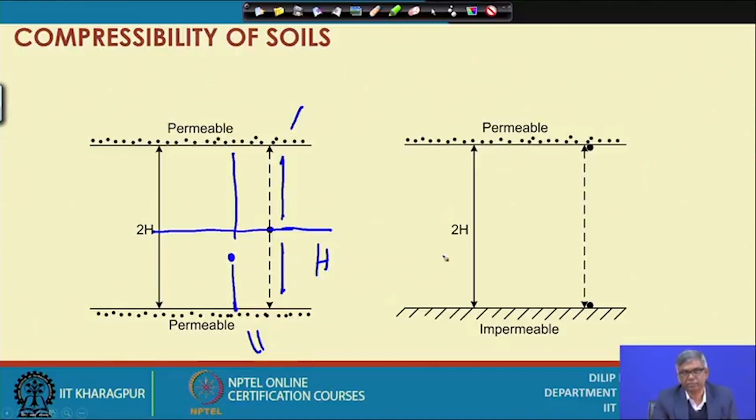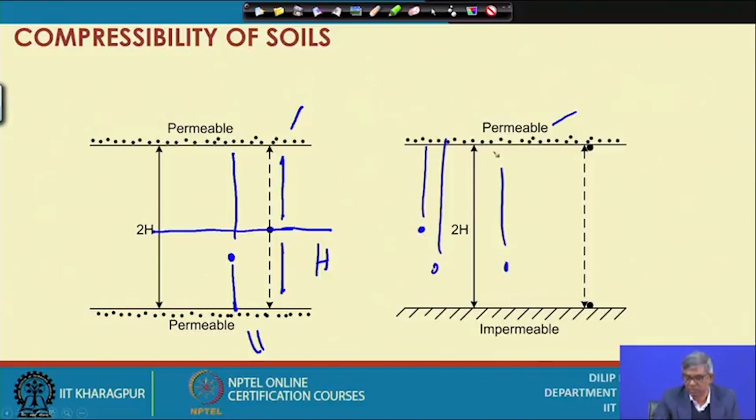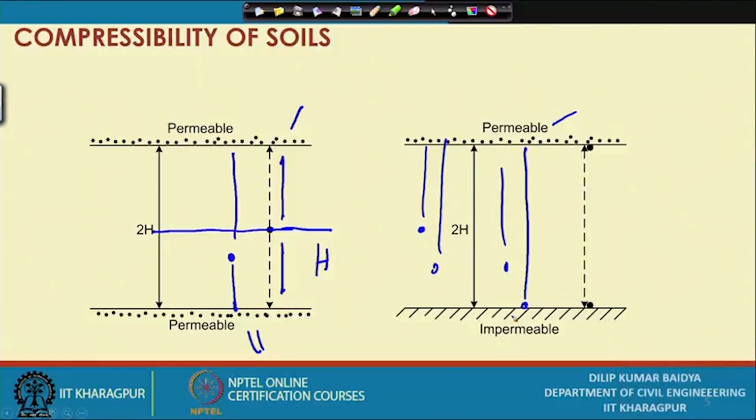Whereas, if one side is impervious and the other side is permeable, then water particles will dissipate from different points in one direction, but the maximum distance to travel is from here to here. That is called one-way drainage, and for one-way drainage the longest path a water particle travels to dissipate the pore water pressure is equal to the thickness of the layer.